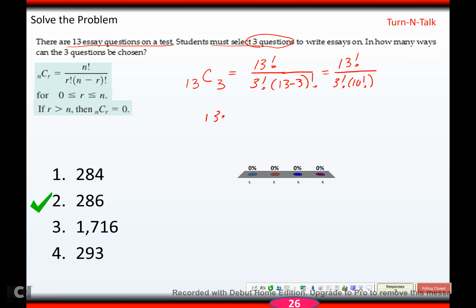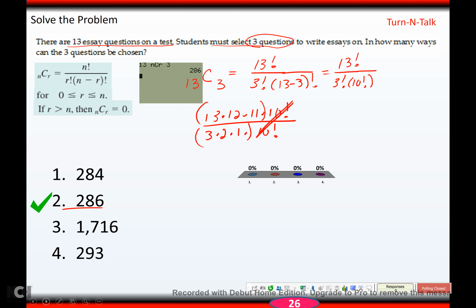So I have 13 times 12 times 11 times 10 factorial over 3 times 2 times 1 times 10 factorial. Those cancel, so it's this divided by that, which is 286. Yours, type it in and you get the same answer.